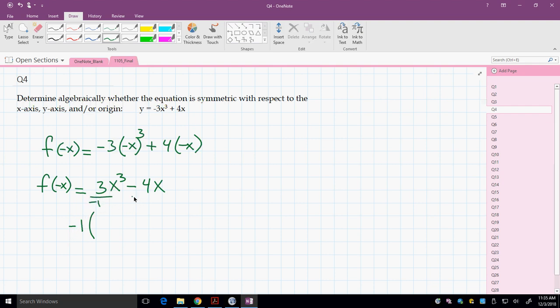It's like dividing everything by negative 1. Positive and negative gives me negative 3x cubed. Negative times negative gives me a positive 4x. That's the only way I can get back to the original function. So that means it is symmetric with respect to the origin.